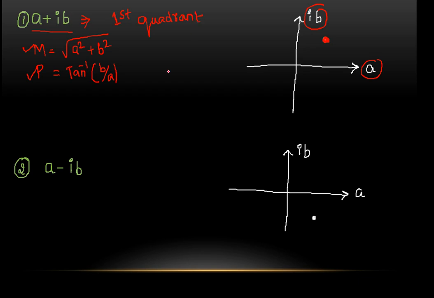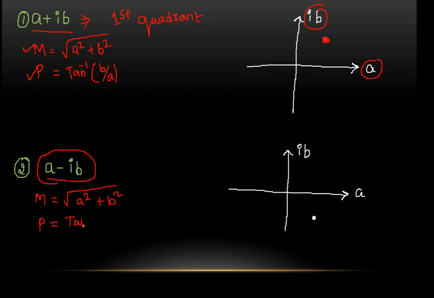Similarly, if you want to write a minus jb, the magnitude is the square root of a square plus b square, and the phase is tan inverse of the imaginary part by the real part.